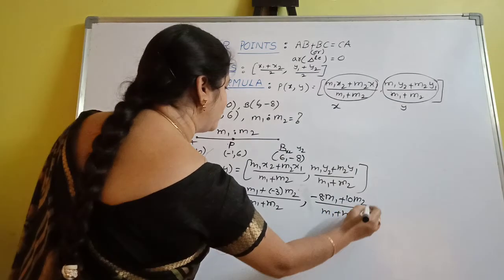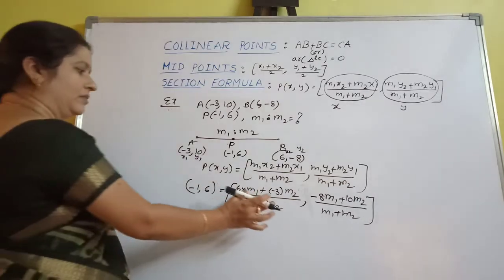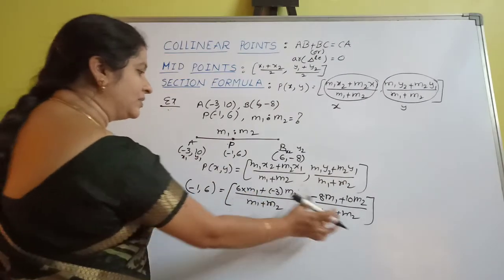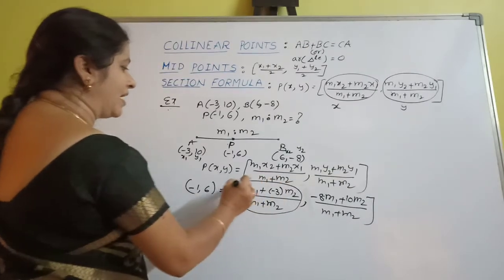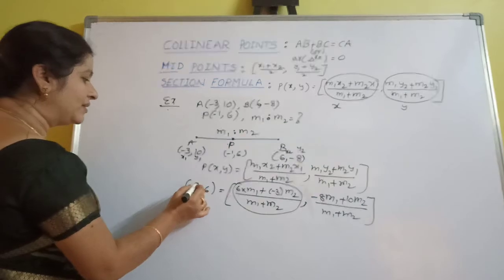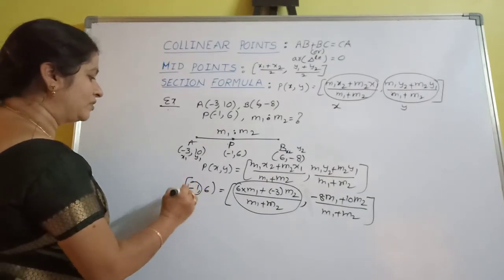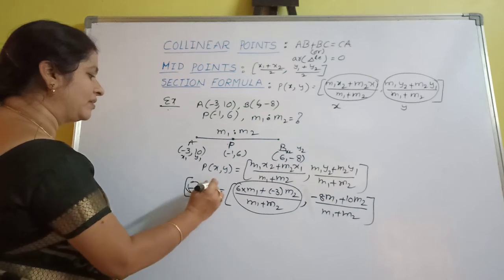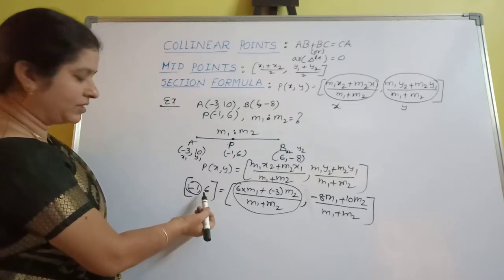So how can you find the values of m1 and m2 here? This is the x coordinate value and this is the y coordinate value. On LHS side, first coordinate equal to -1, x coordinate equal to -1, y coordinate equal to 6.